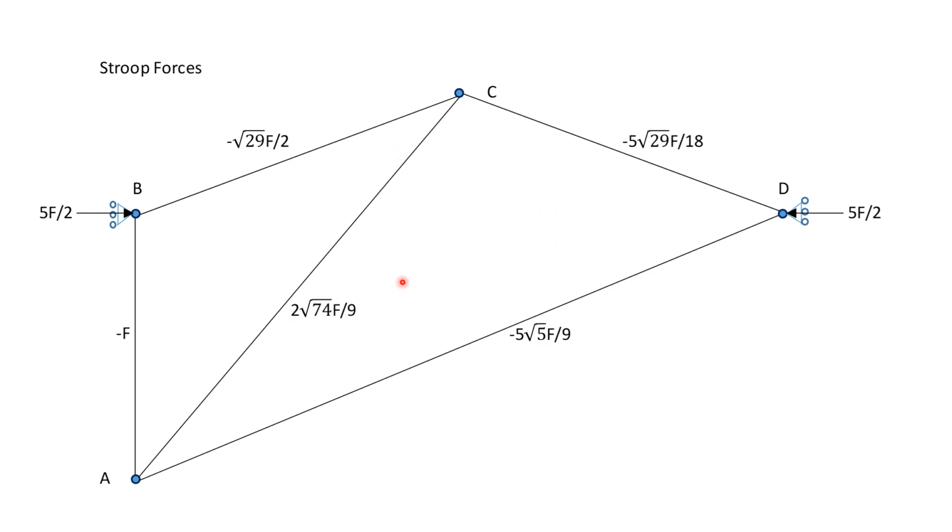Notice here, although it's not indeterminate internally and there's no internal Stroop, by these equal and opposite external forces, which are equivalent to having a member at B, we can create these Stroop forces in the members. So we will use these Stroop forces in our analysis.